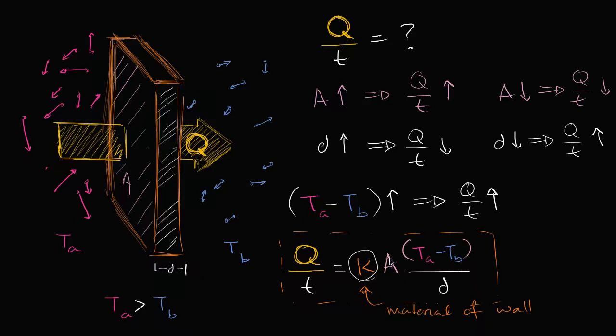It's going to be proportional to the area, the temperature differential, and inversely proportional to the thickness. So if you wanted to really insulate something, you would want to minimize surface area, maximize the thickness, and have something with a very low thermal conductivity. So a thick styrofoam wall that's maybe shaped in a sphere might be a pretty good container for keeping something hot or for keeping something cool.